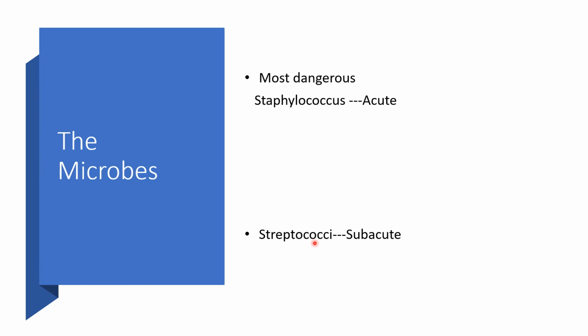The Streptococci will be responsible for subacute endocarditis. It is noteworthy that S. epidermidis is coagulase negative, affecting the prosthetic valves. Although very rare, when it occurs, it's very aggressive with high mortality.